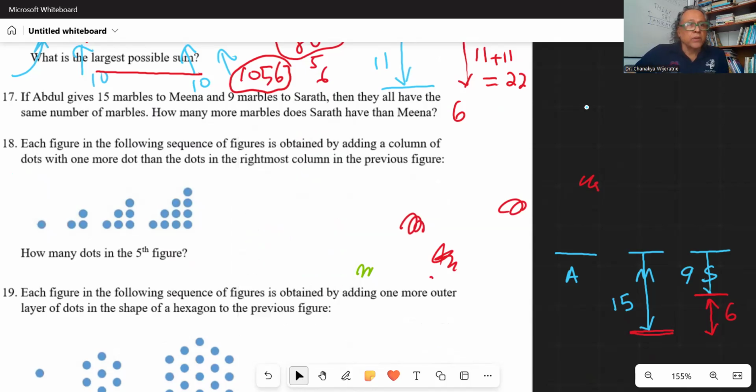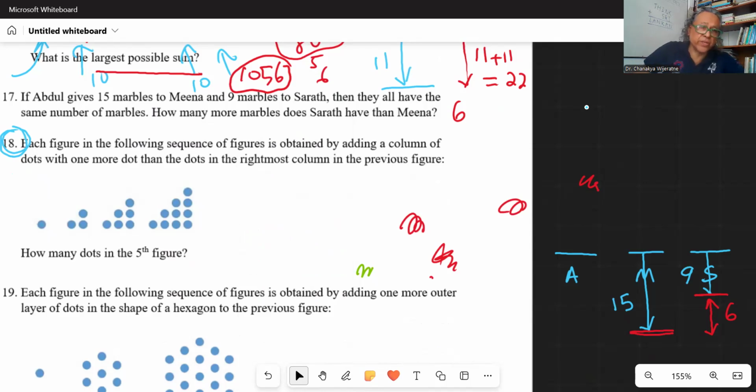Okay, number 18. Each figure in the following sequence of figures is obtained by adding a column of dots with one more dot than the dots in the rightmost column in the previous figure.